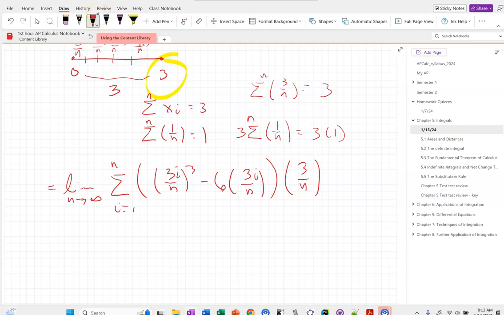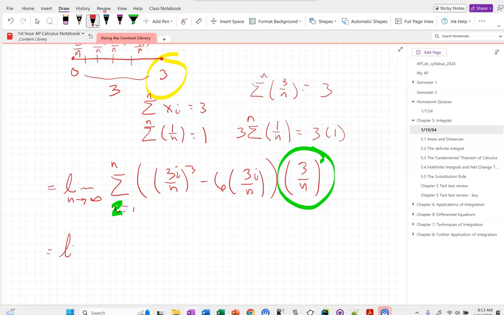And now comes the yucky part, which is having to evaluate this limit and sum. So the first thing I observe here is that this doesn't have an i anywhere in it. You guys see that?